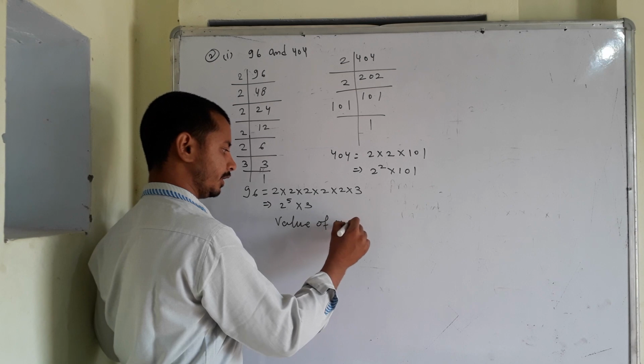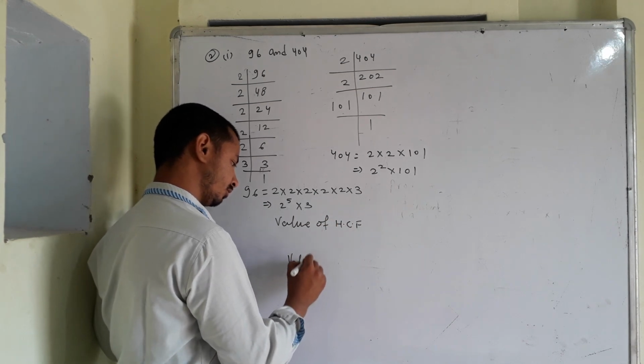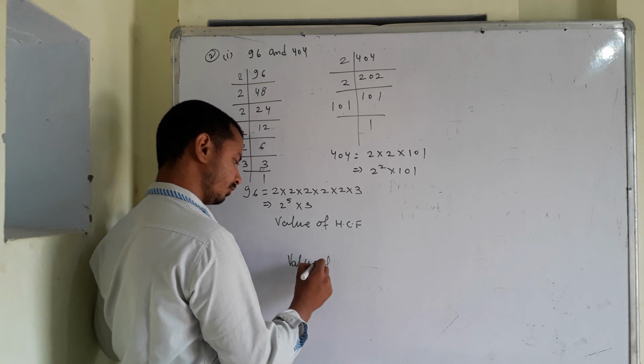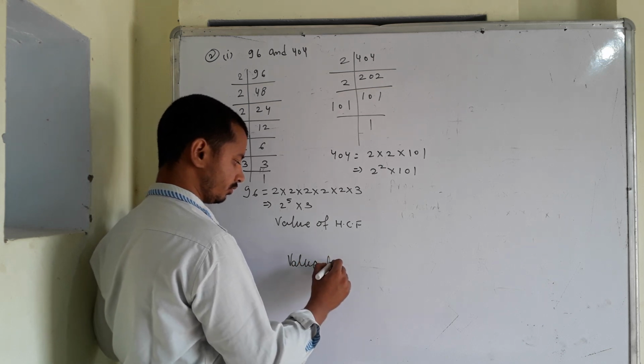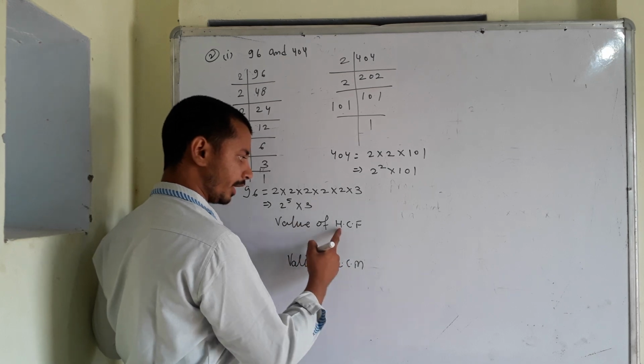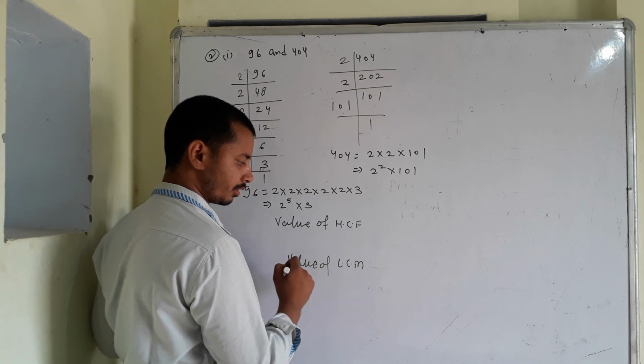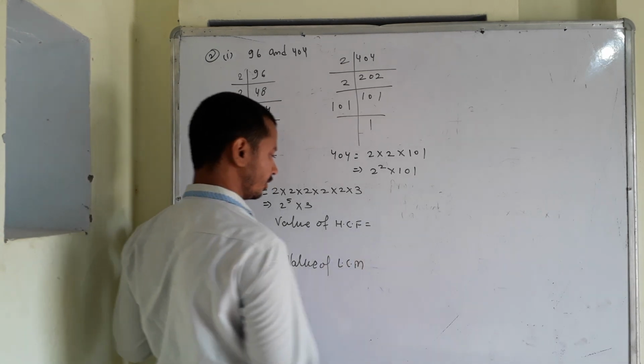Value of HCF and value of LCM. HCF means highest common factor, LCM means lowest common multiple. Okay.